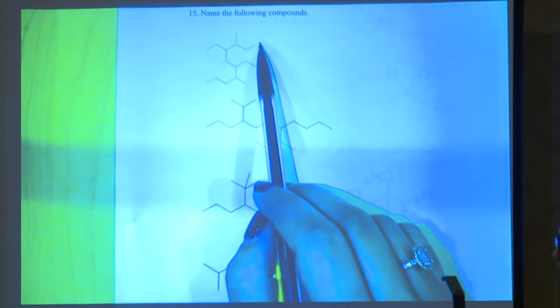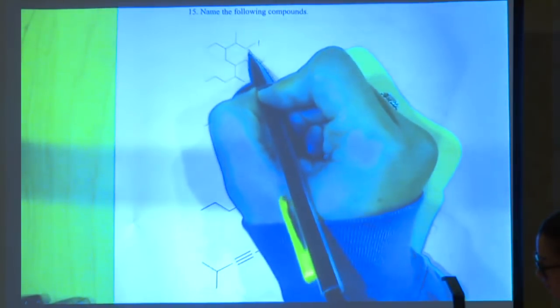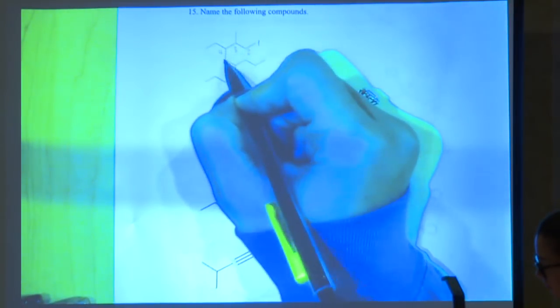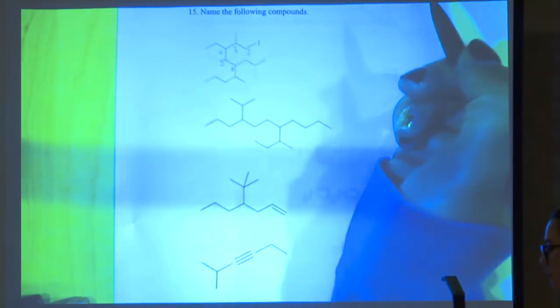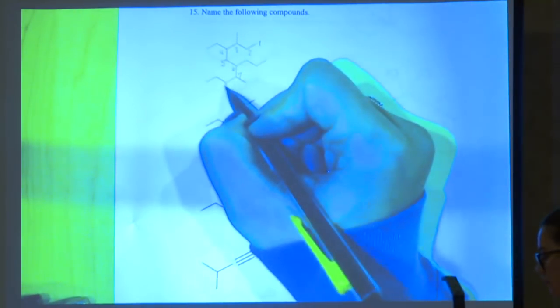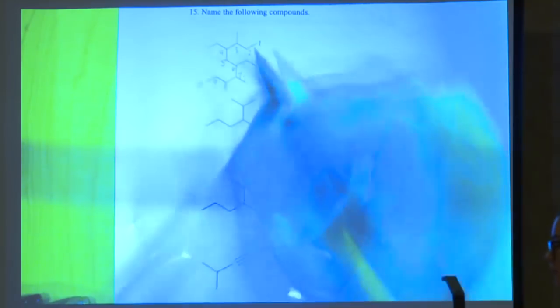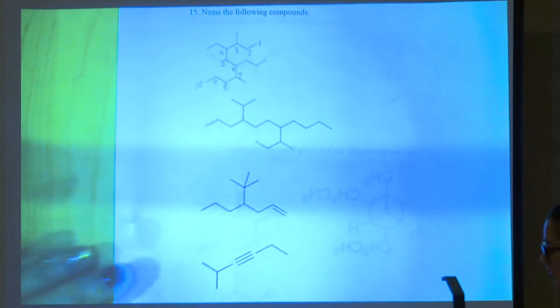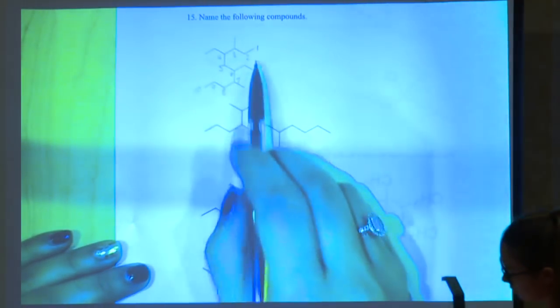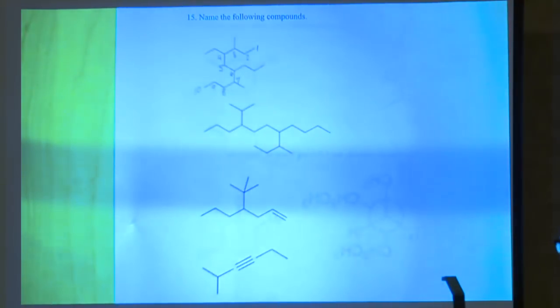Okay. Do y'all agree with that? Awesome. And what are our substituents? So first, what is that parent chain called, if we have 10? Decane, good.